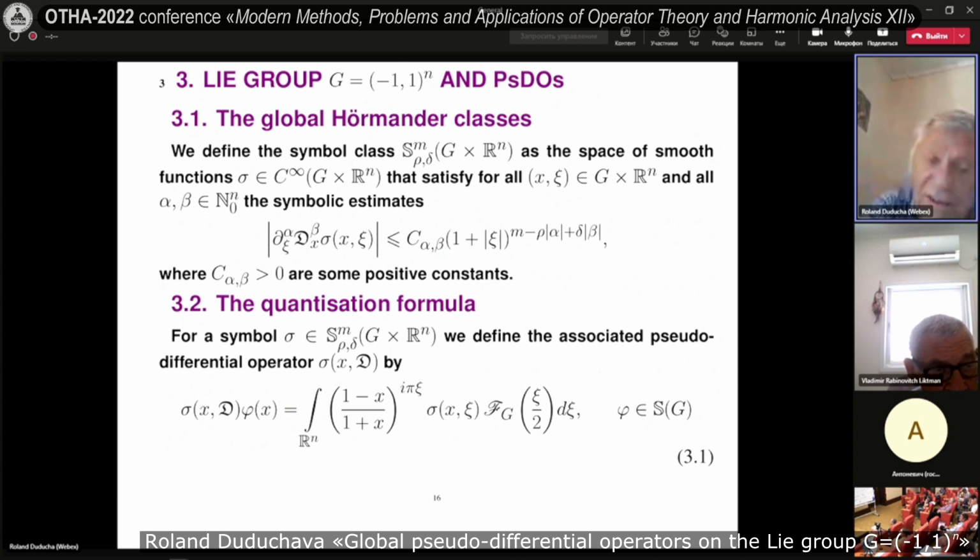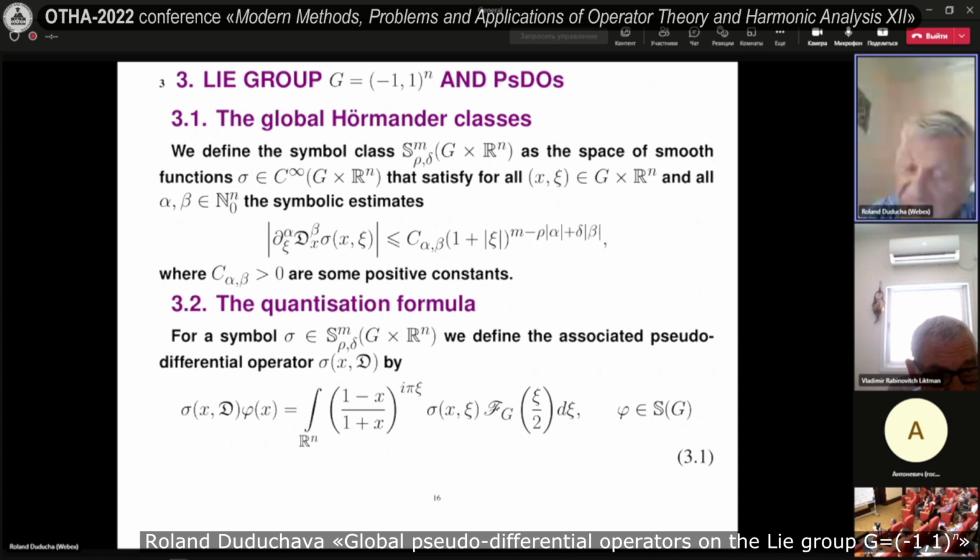And the quantization formula, which brings correspondence between the symbol and the operator. Quantization is here the same, as I told you, as for a convolution operator. You take the Fourier transform of the function, it's missing here, multiply by the symbol, and take the inverse Fourier transform.